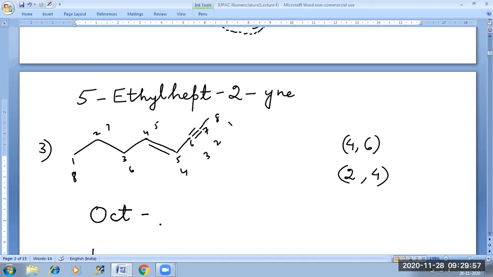That means the double bond here is at the fourth position. So fourth one. Okay. This carbon is fourth. So oct-4-en-2-yne. This will be the correct IUPAC name. YNE is "yne". It's ending as yne.